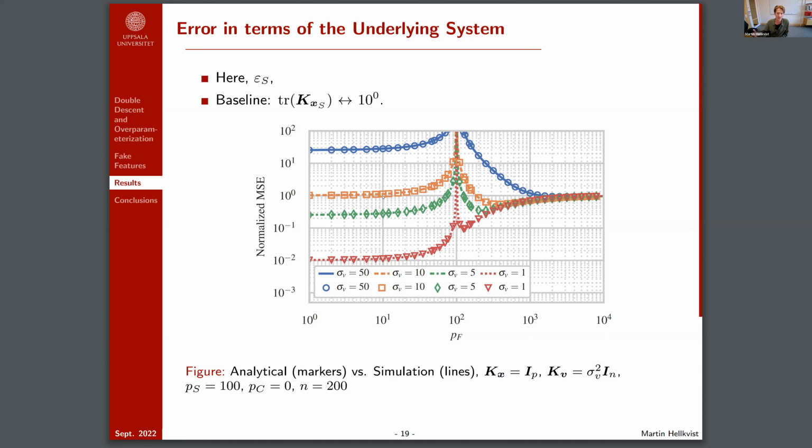And we interpret this gain in information as the fake features bringing some type of implicit regularization to the problem that is beneficial in this medium to high noisy setting. And we note that we also need enough fake features to make the problem overparametrized to gain something from them, as the error always increases monotonically with PF in the underparametrized regime. So you see for every one of these curves, the error just increases with PF here to the left.